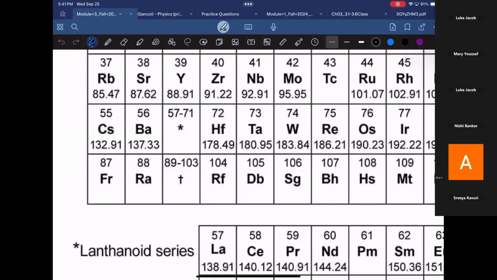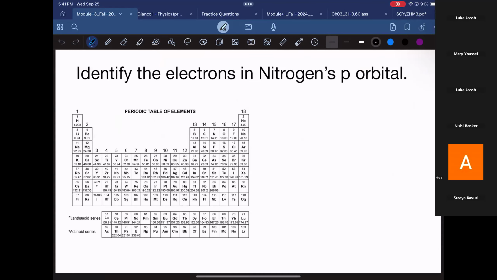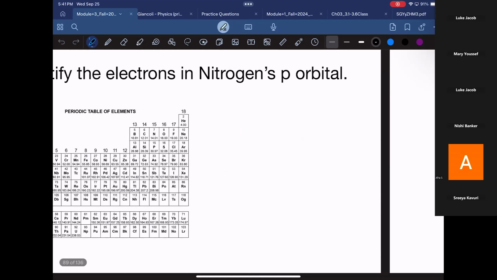It has so many core electrons bombarding it, seven principal energy levels, and it just has one valence electron. Don't worry, you're going to learn this next class, but basically electron shielding is the reason why it's so easy for francium to lose its electron. But don't worry about that, that's for tomorrow.